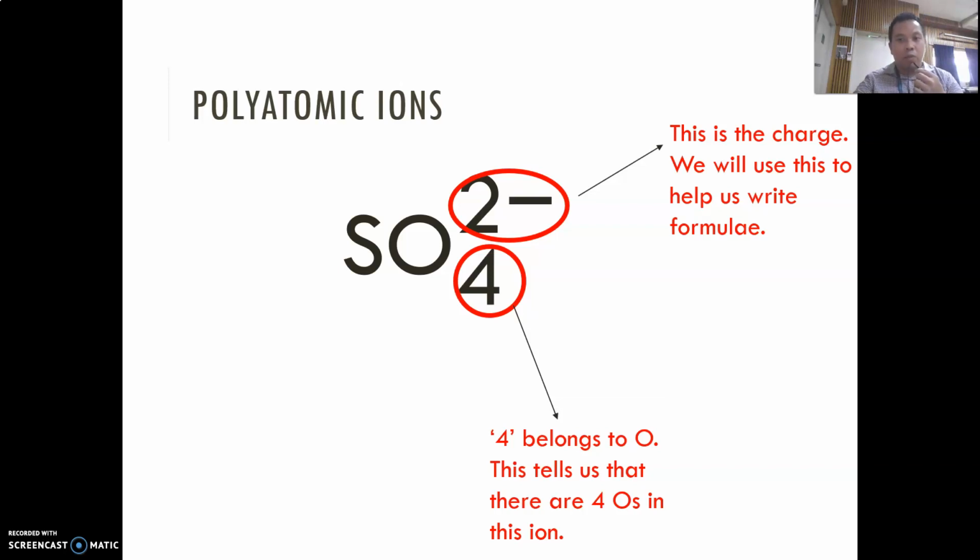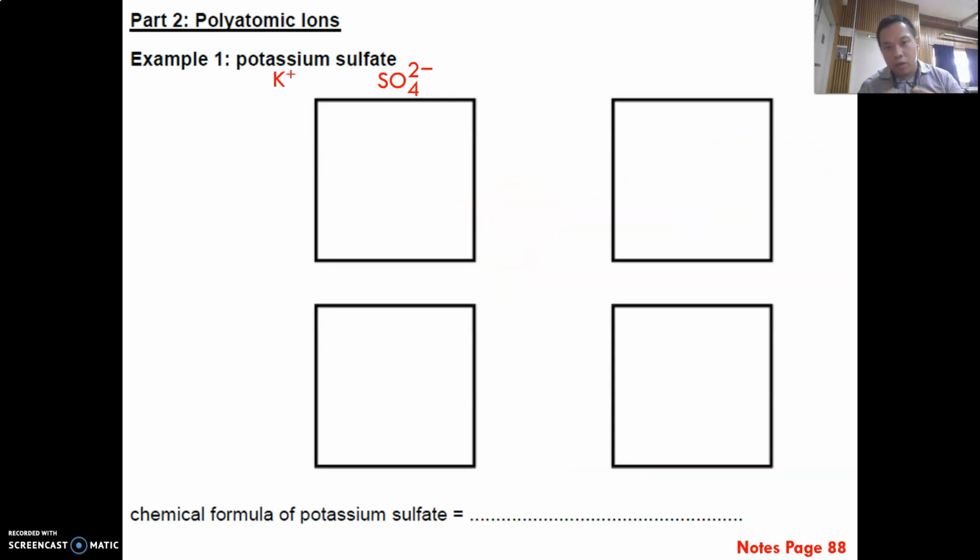write the chemical formula. So on to our first example, which is potassium sulfate. Let us briefly recap the steps to write a chemical formula. First, we write down what the ions in this compound are. We know that the potassium ion is K+, the sulfate ion is SO4 2-, and then we draw our 4 boxes.